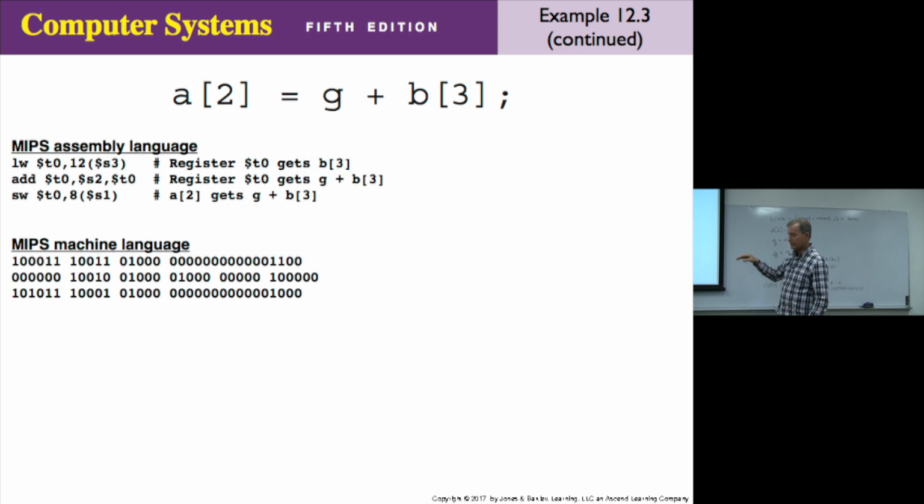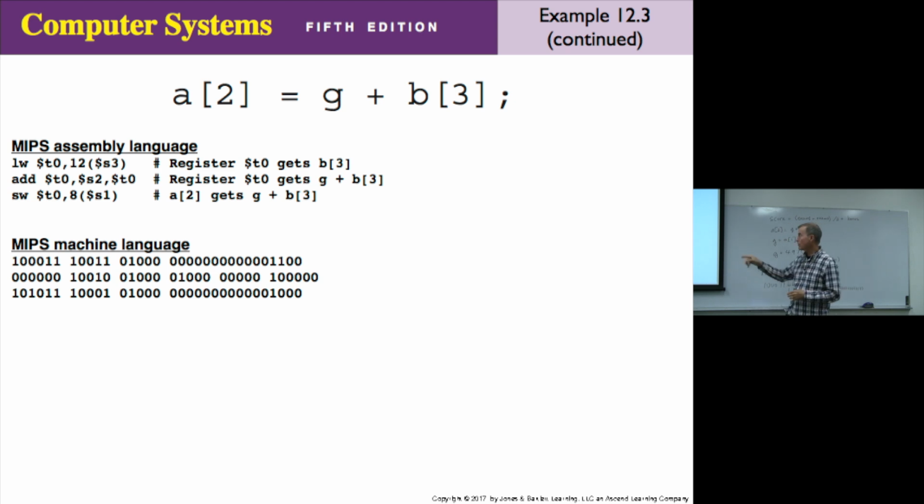So look, it's 3 MIPS assembly language instructions. It's load word into where? T0, okay. And what's it loading into T0? $S3, but now why is this 12? Does anybody know why that's 12?